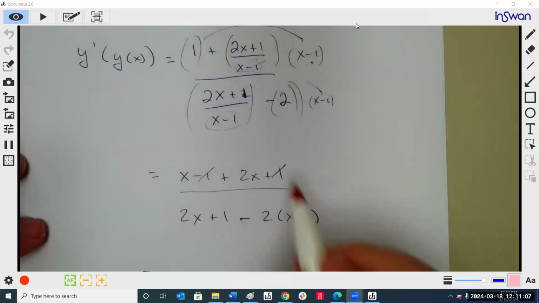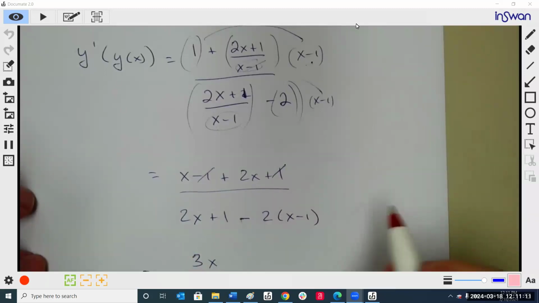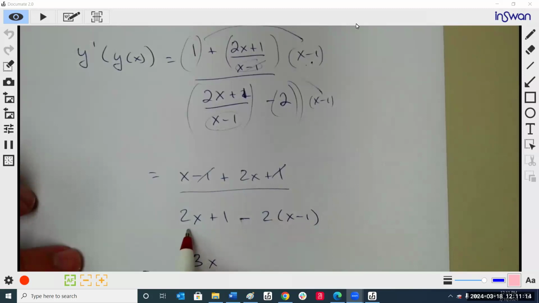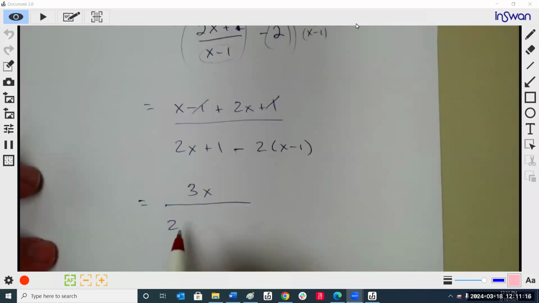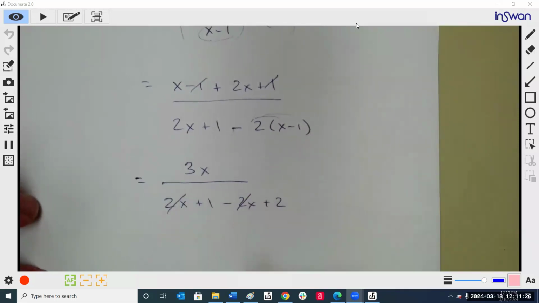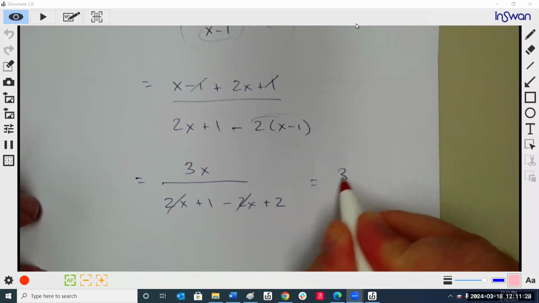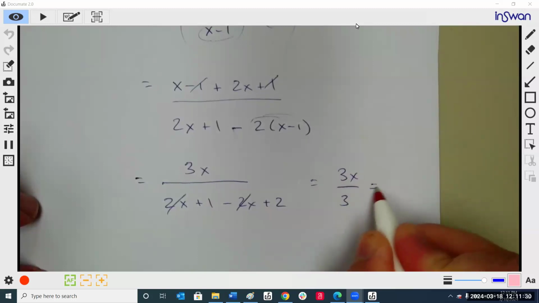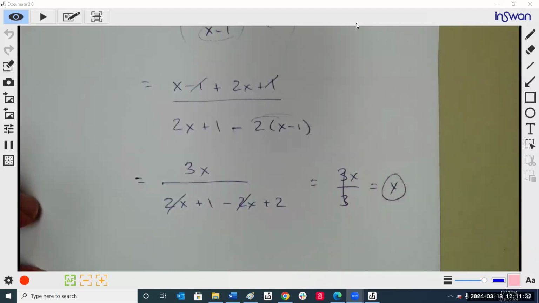The ones cancel, so we have 3x over 2x plus 1 minus 2x plus 2. The 2x's cancel. So that one works.